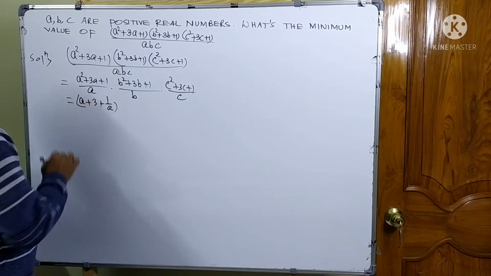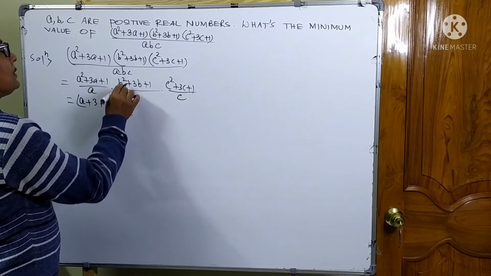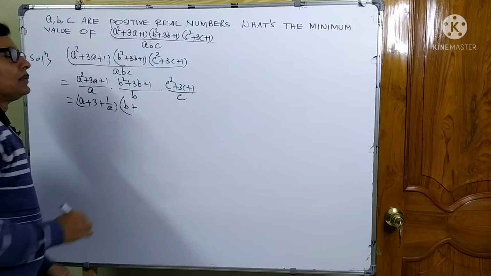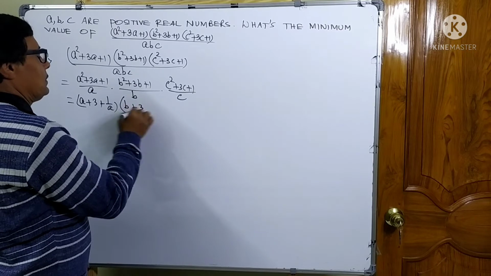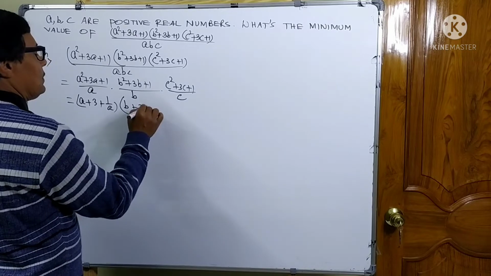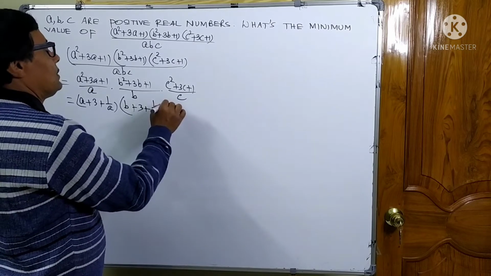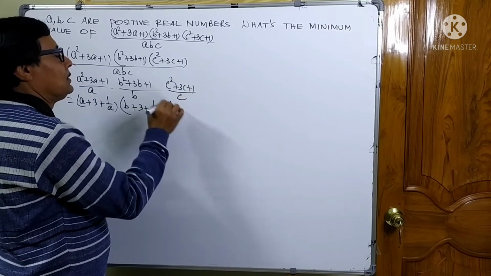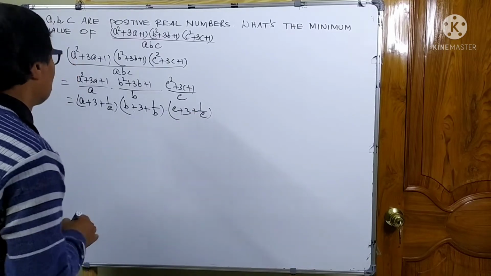This is multiplied by b² over b, that is b, 3b divided by b is 3, and 1 divided by b is 1 over b. Also this is multiplied by c² over c, which is c, plus 3c divided by c is 3, and 1 divided by c is 1 over c.